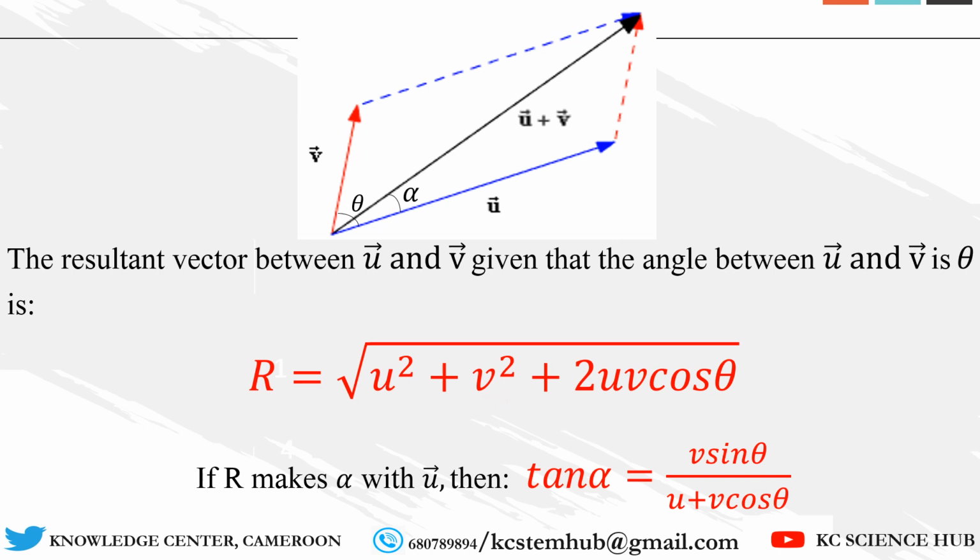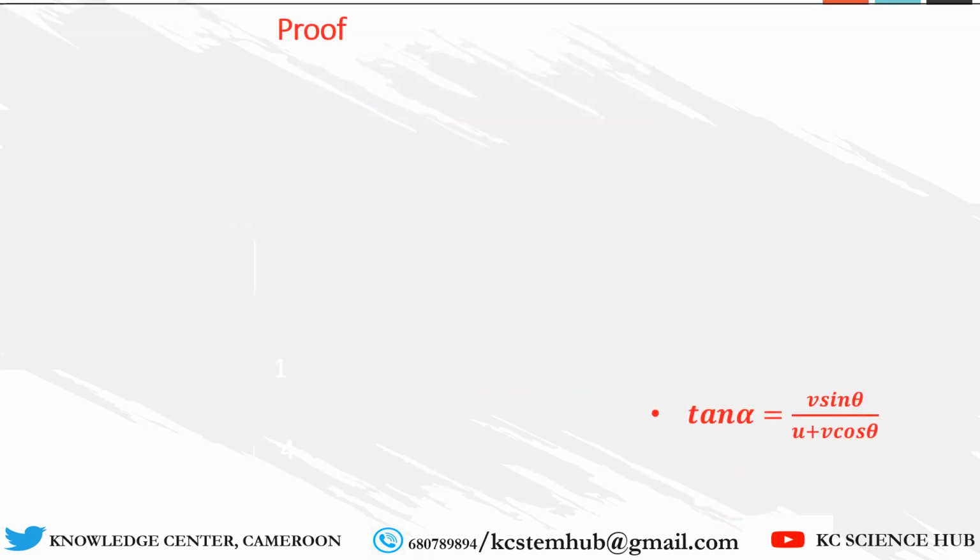So for the proof, I'm just going to draw a diagram like this. We get our u, then we get our v, and then we get the resultant. Notice that we have u like that, and the head of u, the head of this vector, follows up with the tail of v, right?